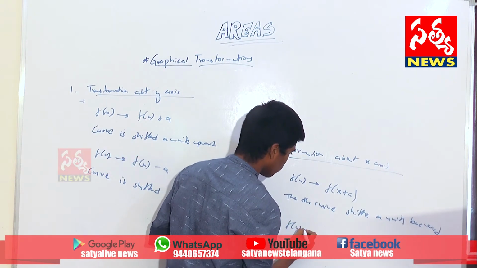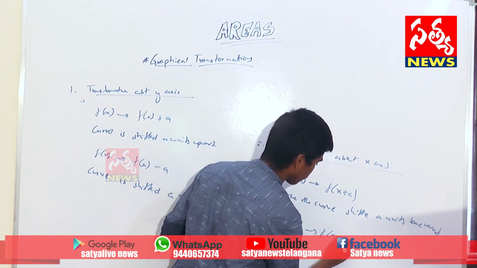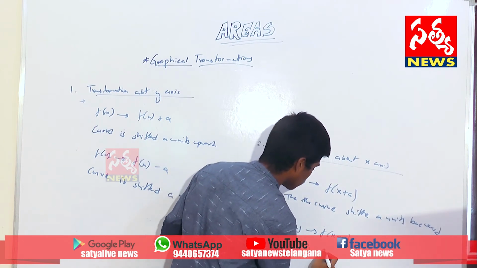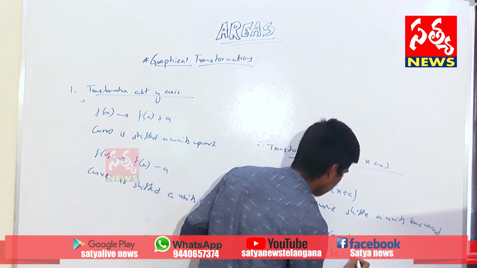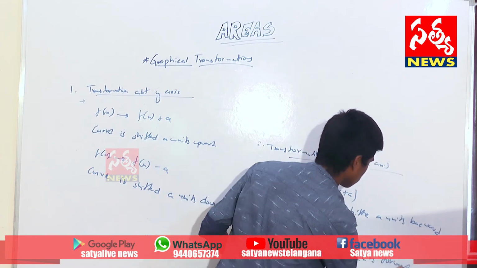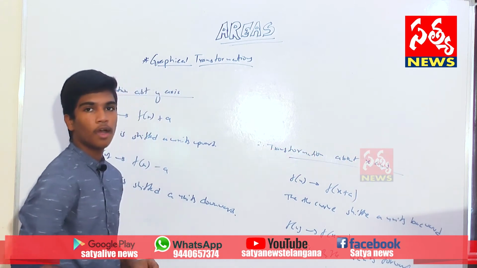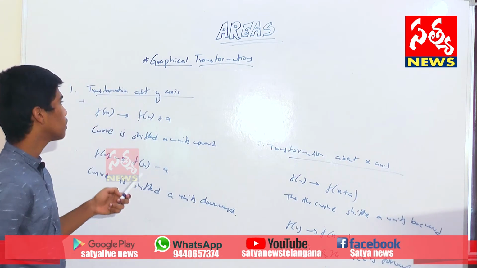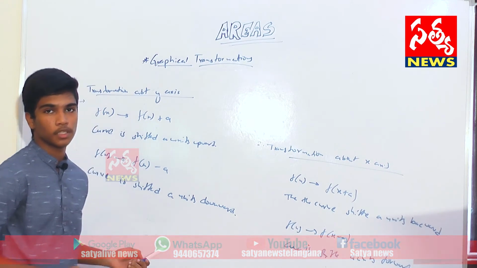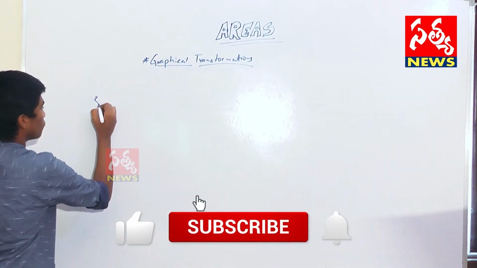And if f of x is f of x minus a, the curve is shifted a units forward. I have given all the properties and graphical transformations in the description. You can check there.